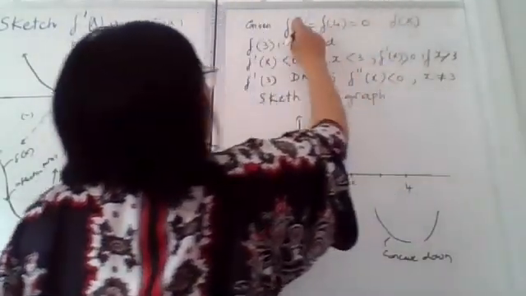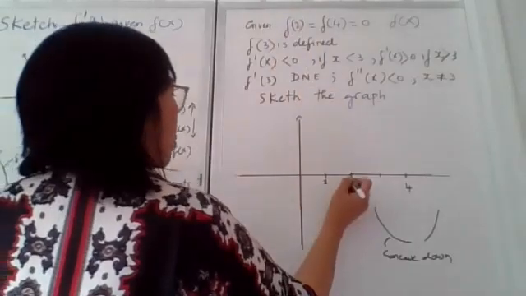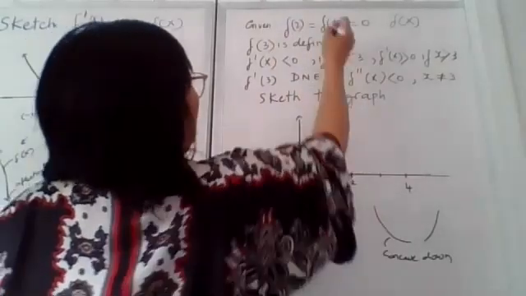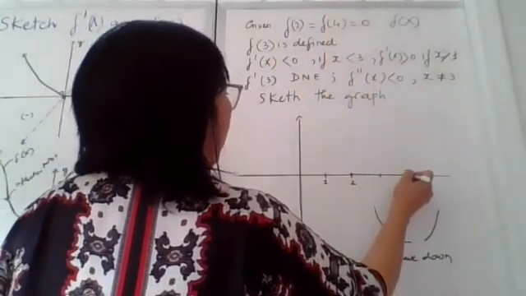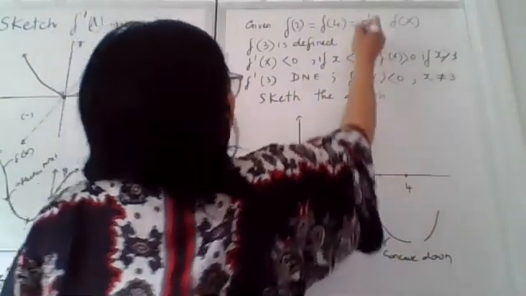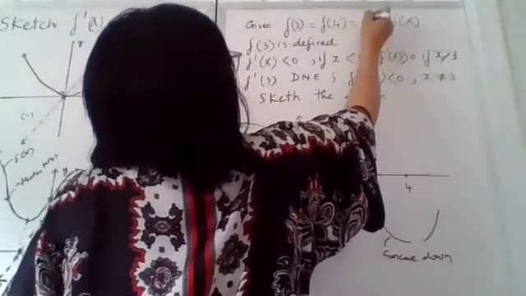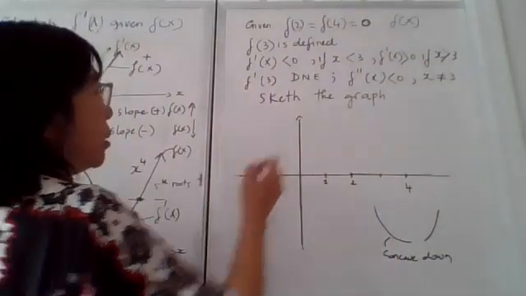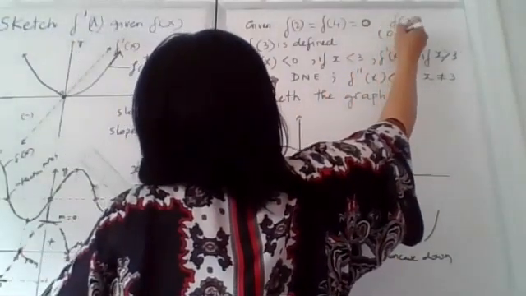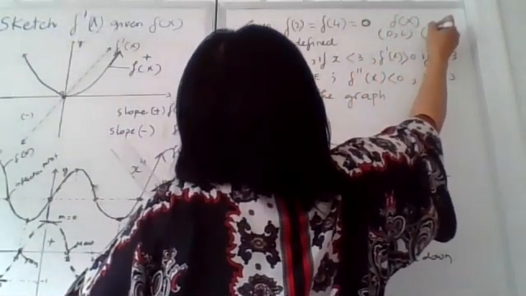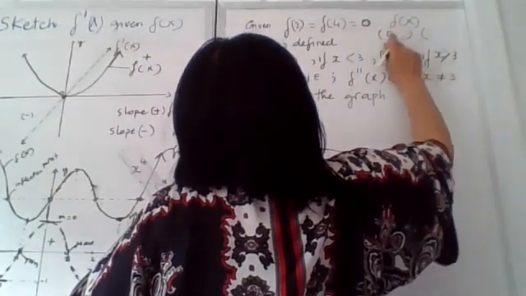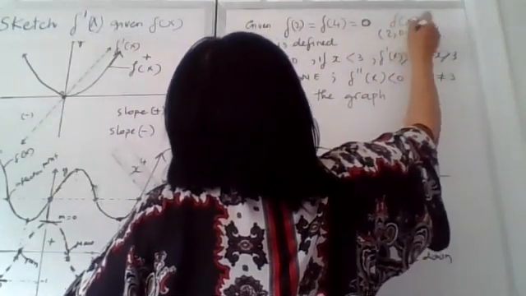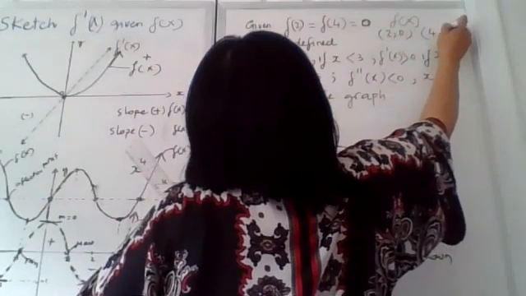So at x equals 2 it is 0, and at x equals 4 it is 0. And the 0 here is the y value, so one point is (2, 0), and another point is (4, 0).